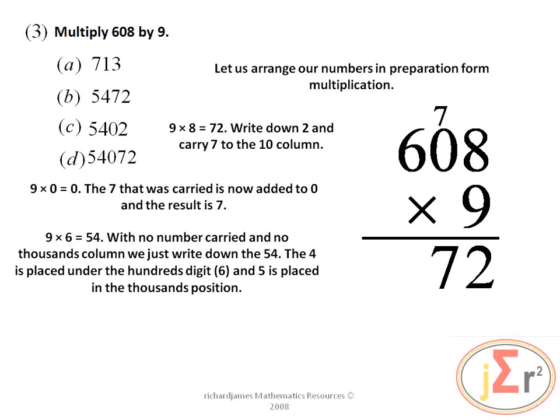With no number carried and no thousands column, we just write down 54. The 4 is placed under the hundreds digit, which is the 6. So the 4 in 54 is going to be placed vertically below this 6. And the 5 is going to be placed where the thousandth column would have been.